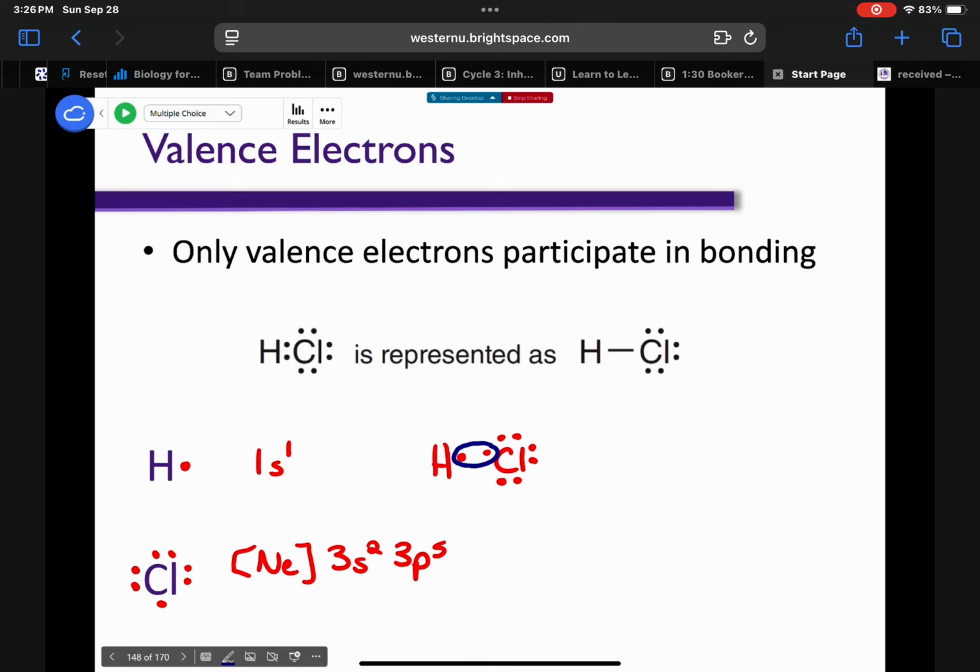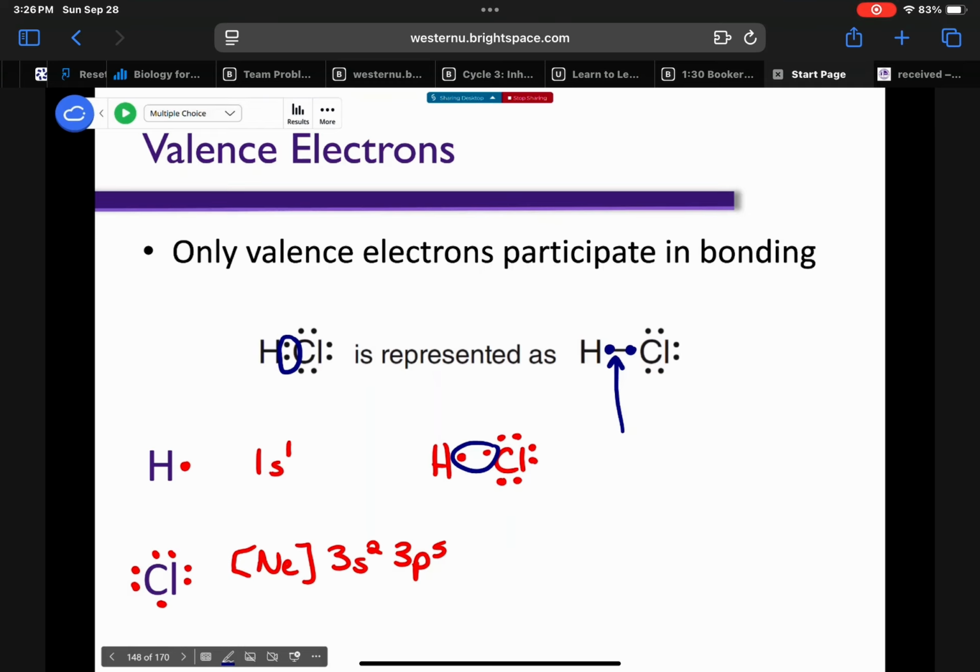Maybe we'll leave it like that. A pair of electrons can produce a covalent bond. You can draw them as dots, but more often we draw them simply as a line. And you can imagine that that line has one dot at each end because it takes 2 electrons to make that covalent bond. Notice that we didn't draw in the core electrons. We're only paying attention to the valence electrons.